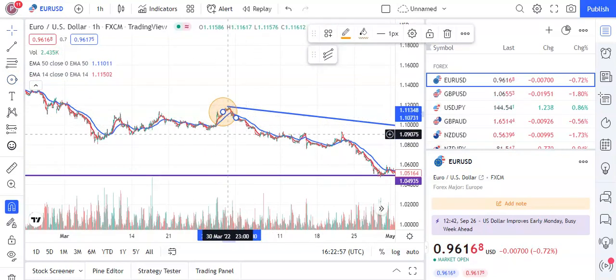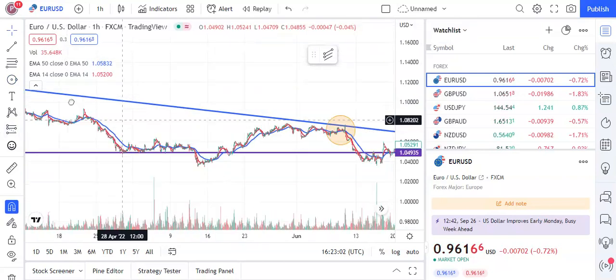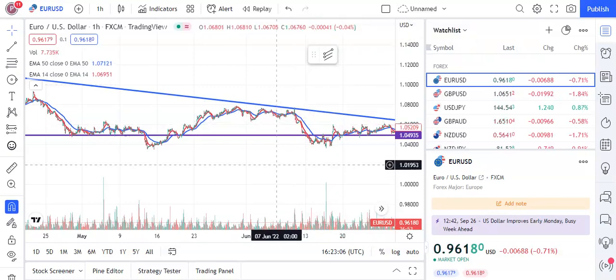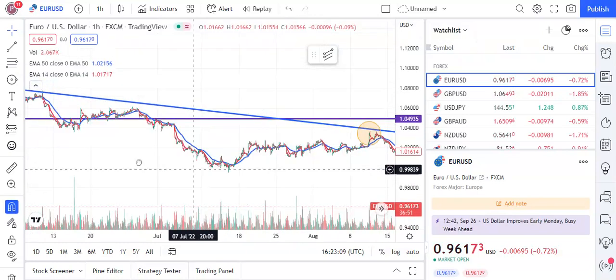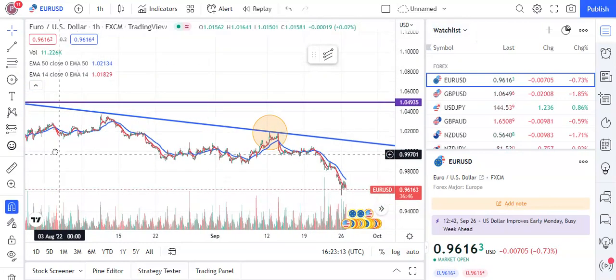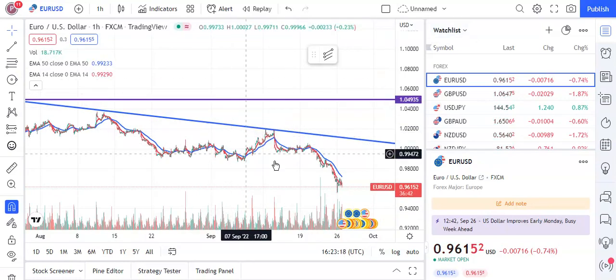So it's an amazing tool, a good way to trade, a nice way to identify trend. And once you identify the trend, it becomes your friend. Mostly, I prefer to stick with the trend. If I'm able to identify a downtrend, I love taking only sell positions.